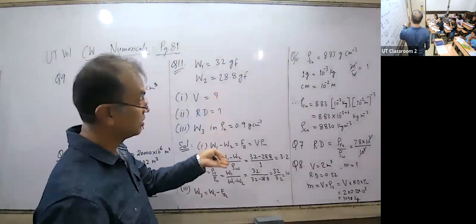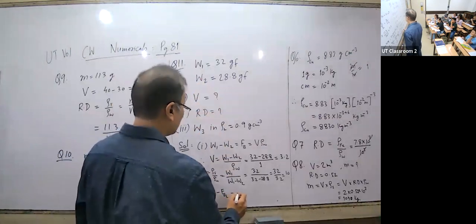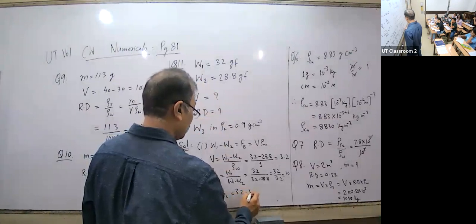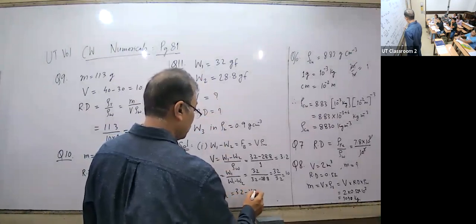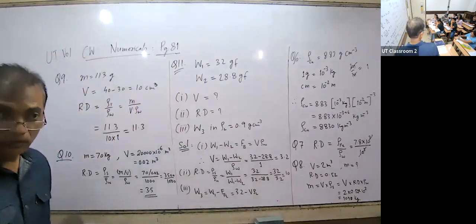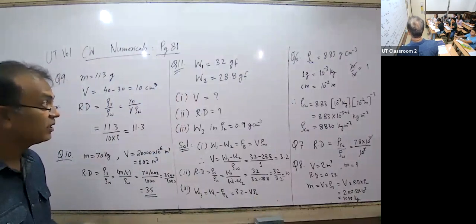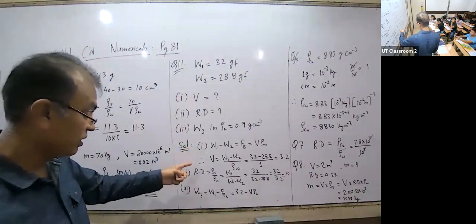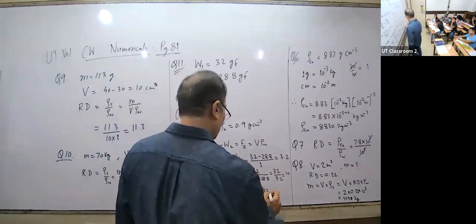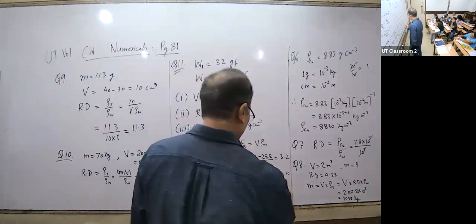So in this liquid the upthrust will be different. W1 is 32 minus the volume, 3.2, into density of liquid. The mass and volume are the same. We found the volume in the first question, it is 3.2. So 32 minus 3.2 into density of liquid.